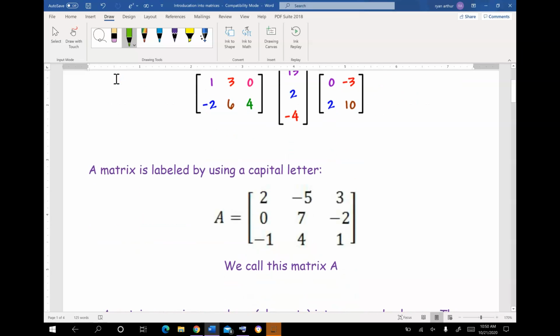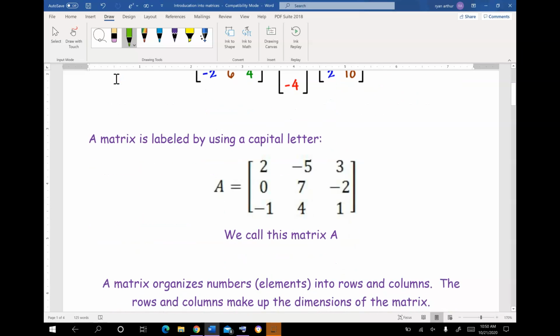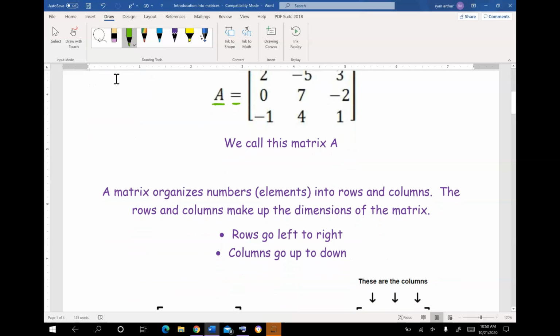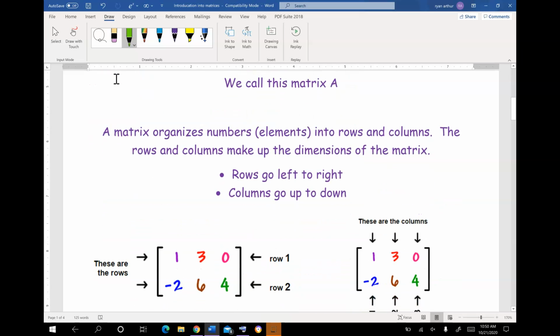All right, now a matrix is labeled by using a capital letter. So you'll see a capital letter and you'll see it equaling the matrix. And that's how we label it. So we would call this matrix A, all right? Now, a matrix organizes numbers or elements. We're going to use the word elements, okay? But the elements are just the numbers inside the matrix, okay?